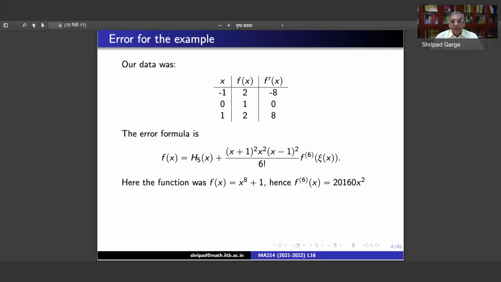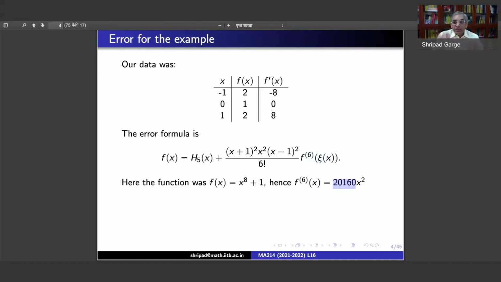So what we will have is that this sixth derivative at xi x will be 2160 xi x whole square. All right, so we are going to compute the difference f x minus h5 x. We will divide by the numerator, which is x plus 1 whole square, x square into x minus 1 whole square.